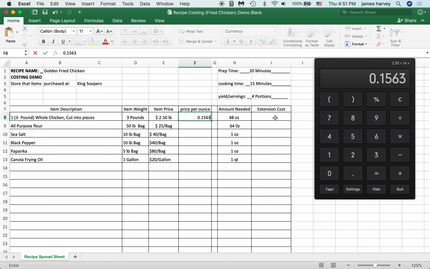Now leave this figure in your calculator and times it by 48 ounces, and this will give us our extension cost for the chicken, $7.50.